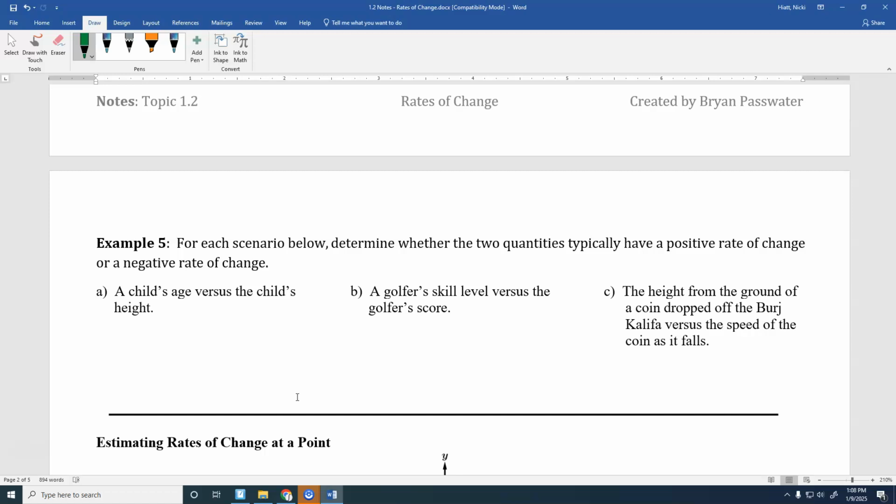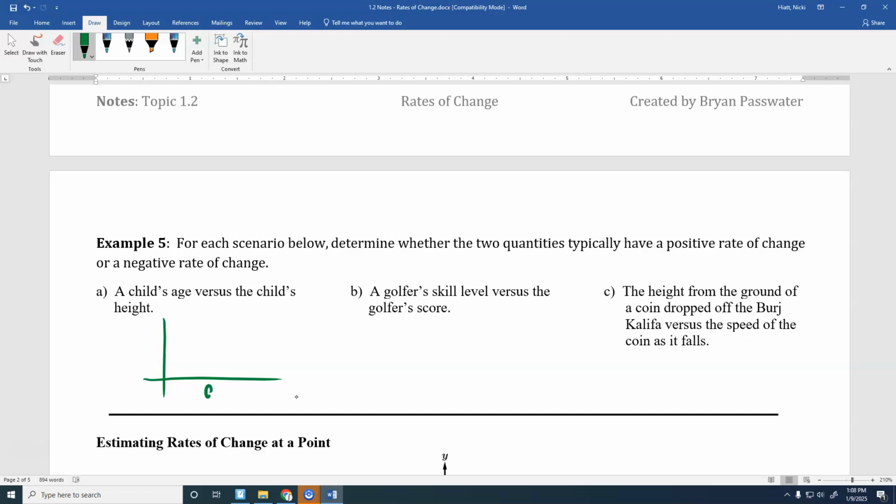To me, it is helpful to actually draw the x and y axis and label them and think about what should happen here. So, a child's age versus the child's height. So if I do an xy axis here, I'm assuming that he intended for the first one to be our independent variable, the second thing that he gives us to be a dependent variable.